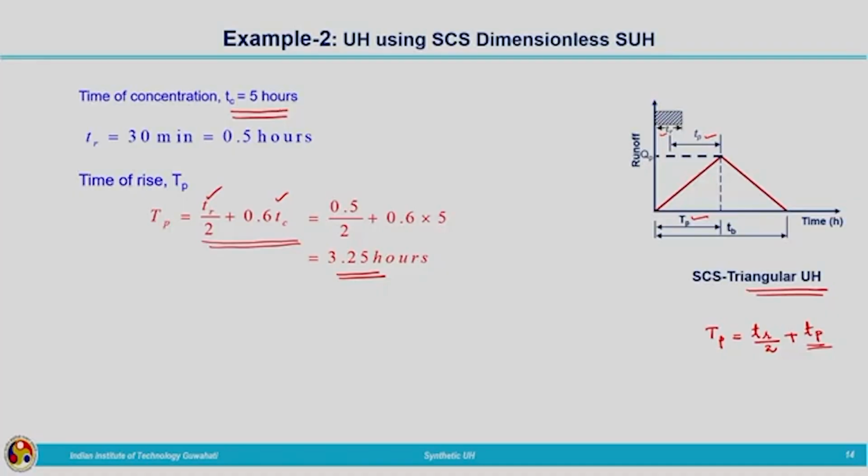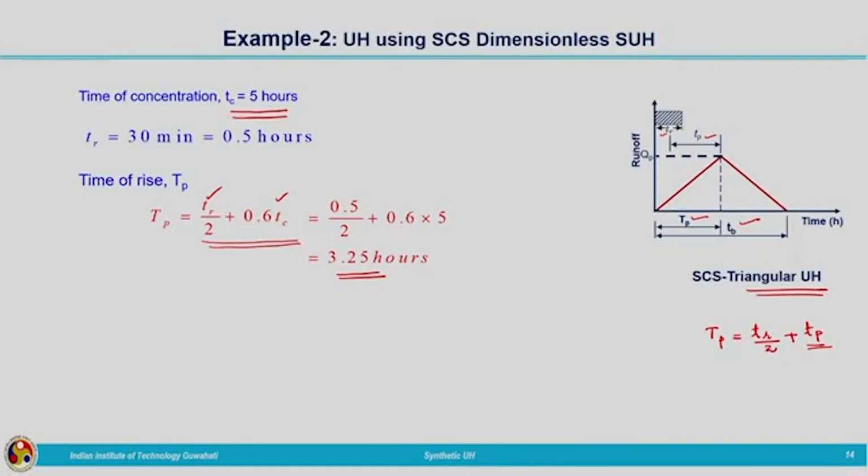So, here in this case we have found out the time corresponding to the point where the peak is coming, the x value, that is the time value corresponding to the peak discharge. Now, for completing the triangular unit hydrograph, what else do we need? We need the value corresponding to TB, that is the time base of the unit hydrograph.